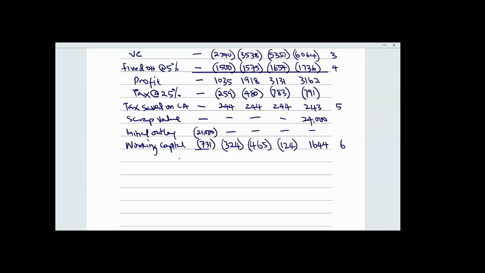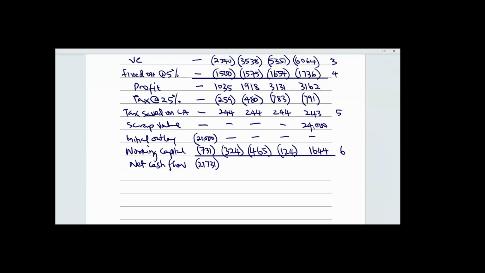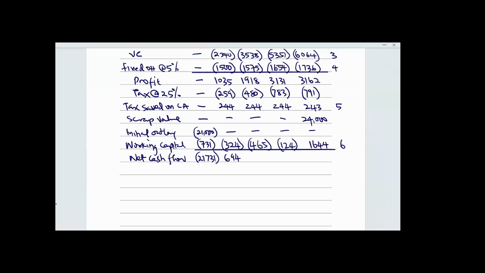At this point, we get the net cash flow. Net cash flow, year 1, what do we have? 694. Year 2, year 3, and then year 4.